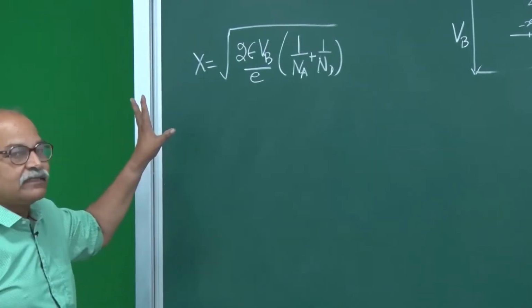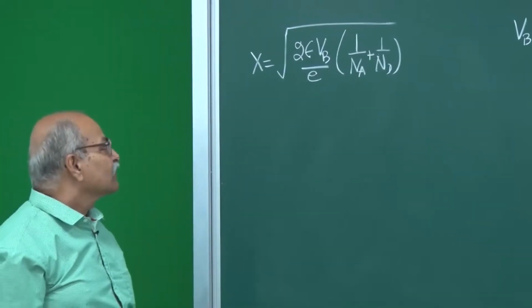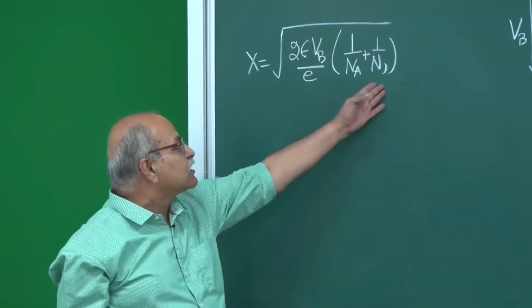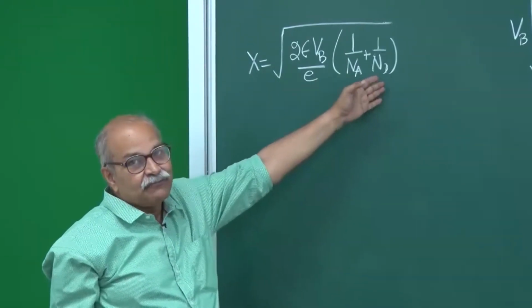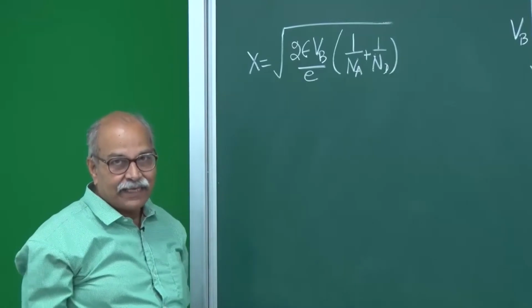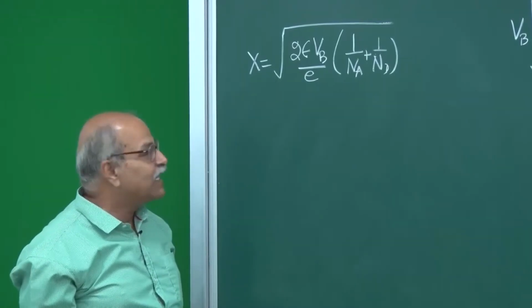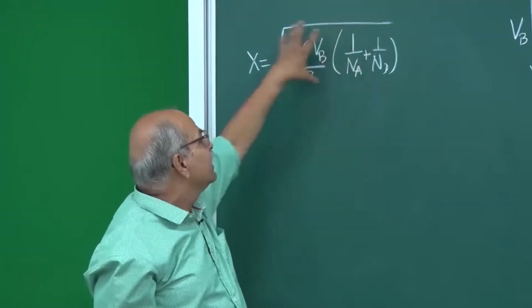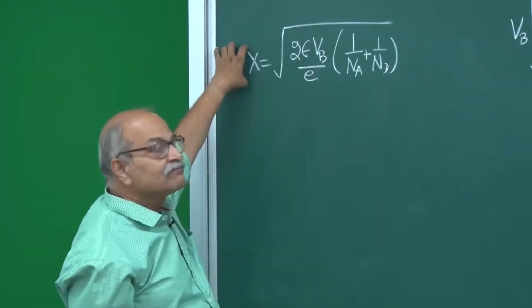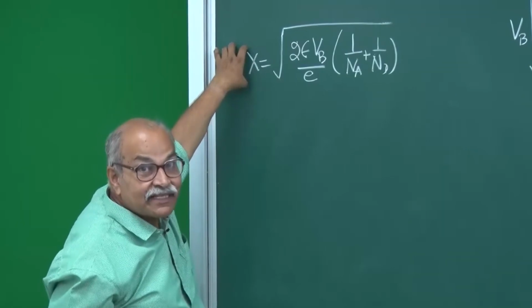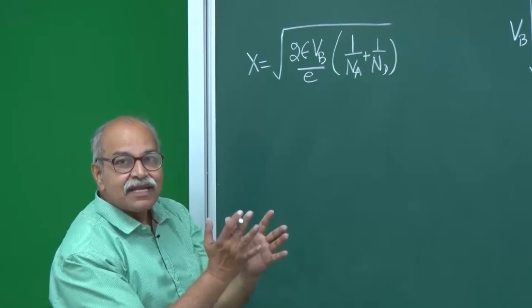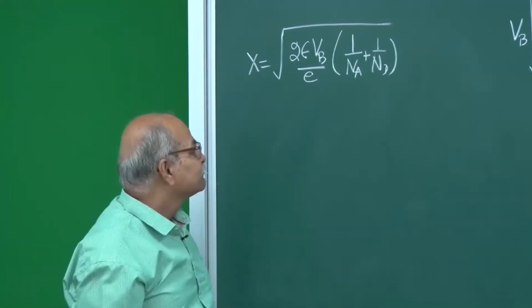So that's the relation. So if you increase this concentration, what will happen? If you increase Na or Nd or both, what will happen? This increases, so this whole thing decreases and this decreases, right. So heavier is the doping, smaller will be the depletion layer and vice versa.